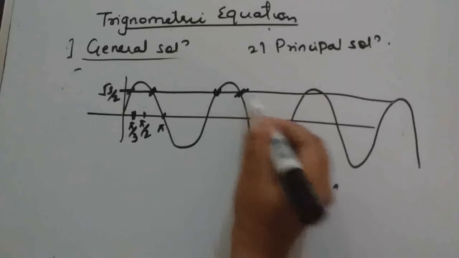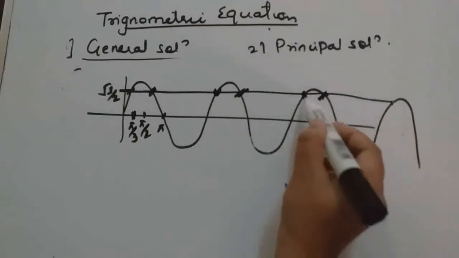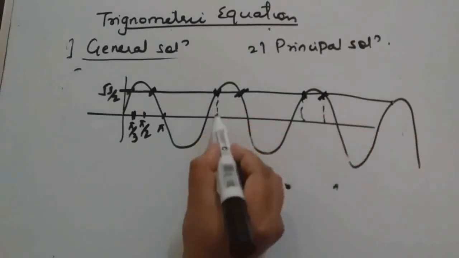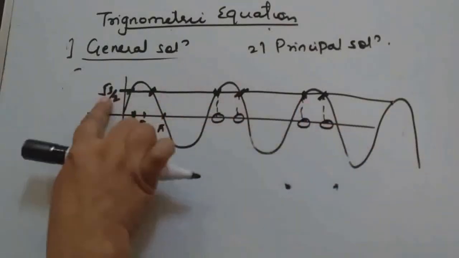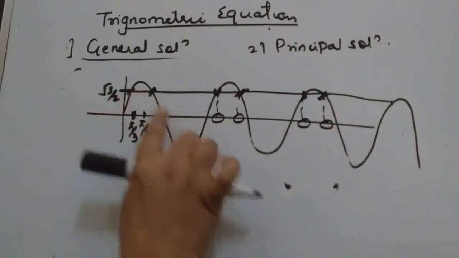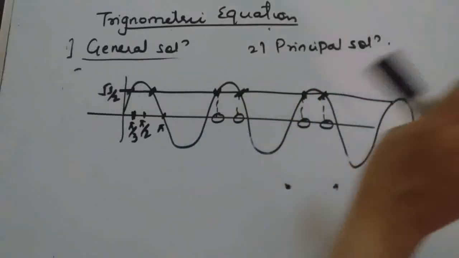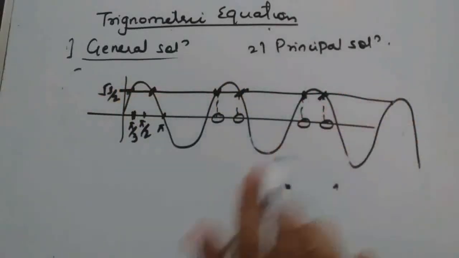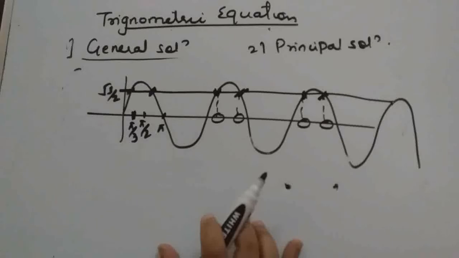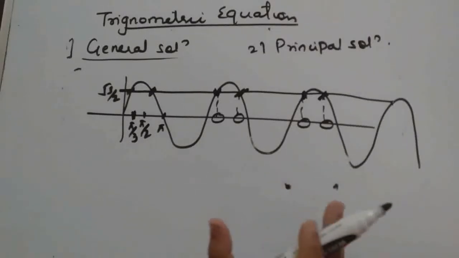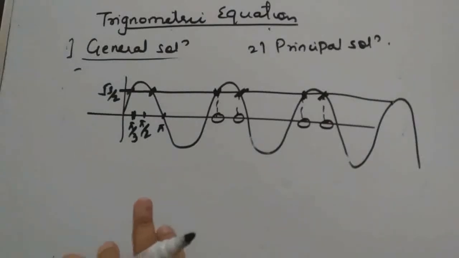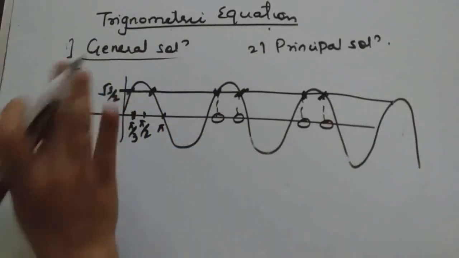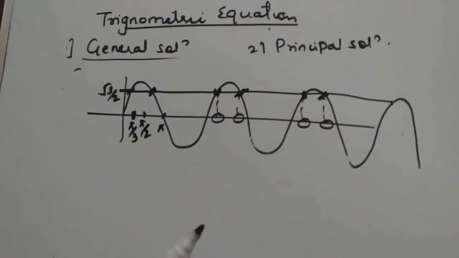So these are what? Solutions. These are the values of x for which the value is root 3 by 2. Since this curve is infinite, the solutions will be infinite. So all these infinite solutions are termed general solutions. We have some rules to find the general solution, that we will discuss later.